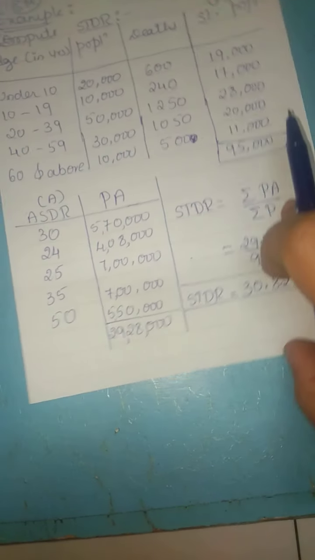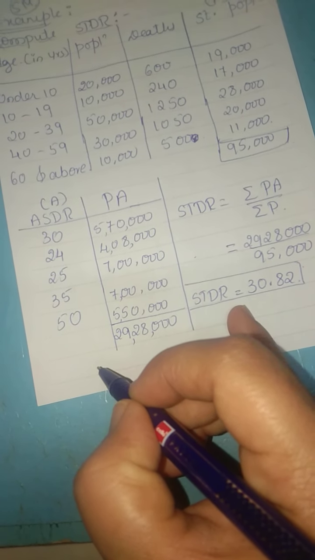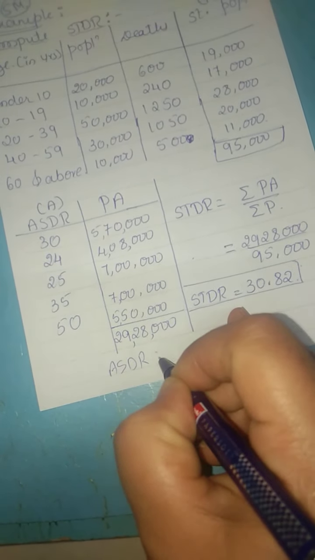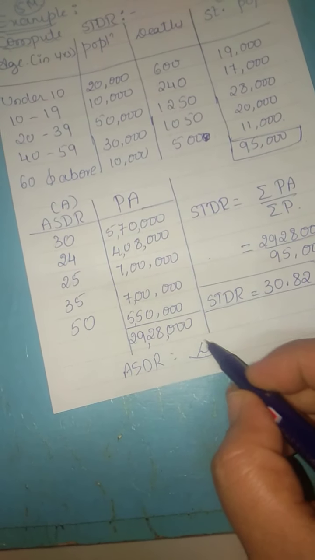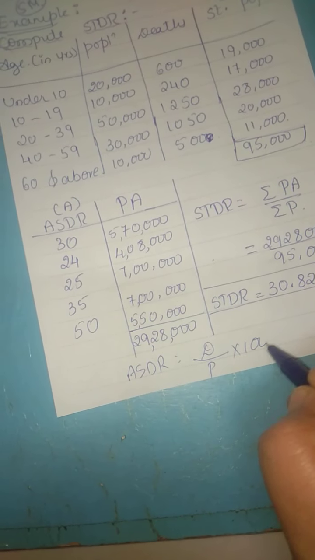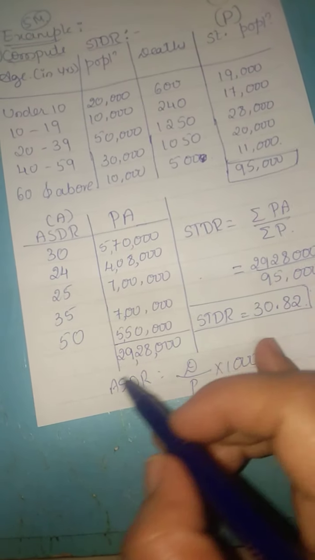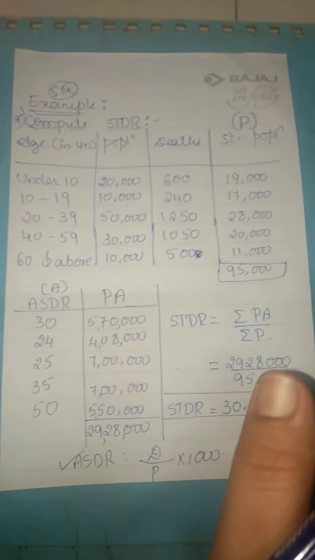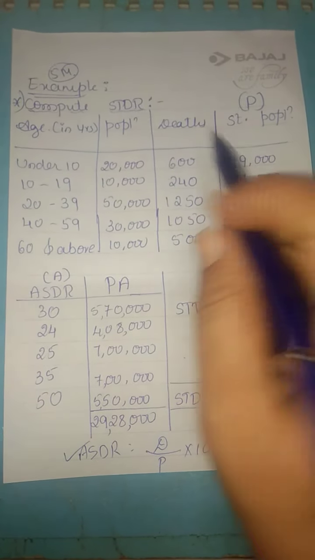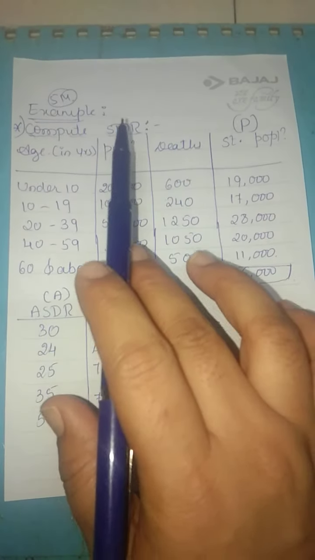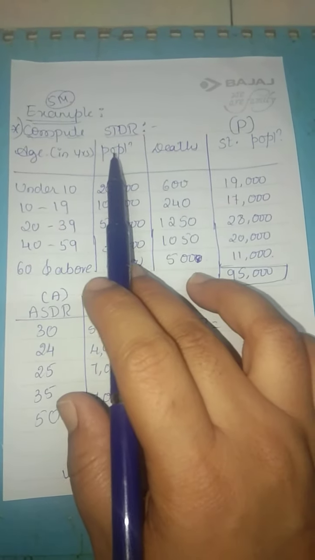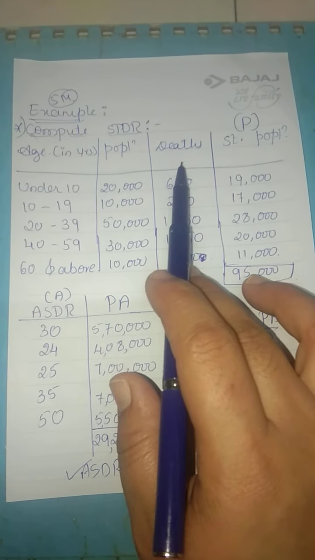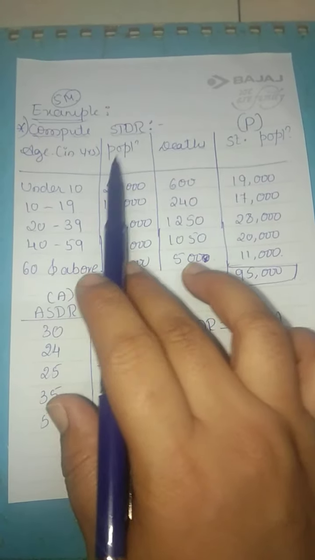It is compulsory that you write the formula for ASDR, that is deaths by population into 1000. It carries marks in the examination, because if they ask for 10 marks, they'll give you two different populations, for example town A, population and deaths, and town B, population and deaths.